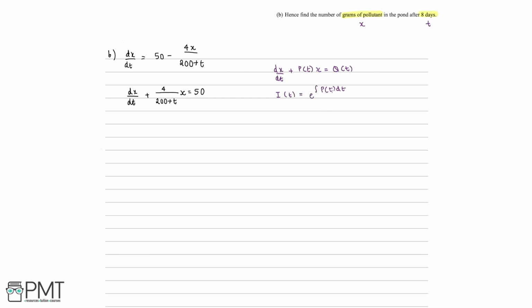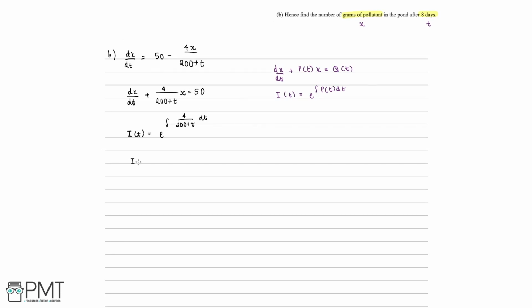Thus, in this case, the integrating factor, I(t), is equal to e to the power of, well, p(t) in this case would be 4 over 200 plus t, or the integral of 4 over 200 plus t with respect to t.